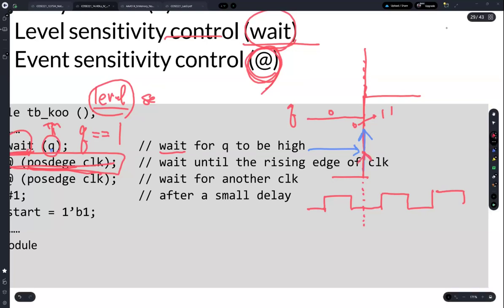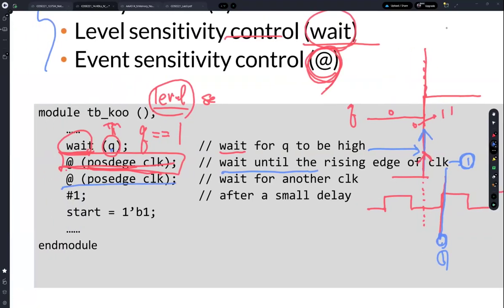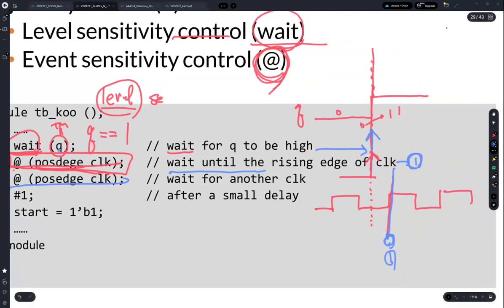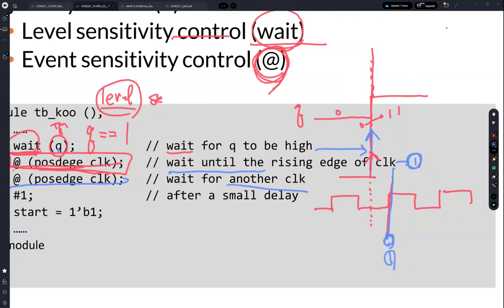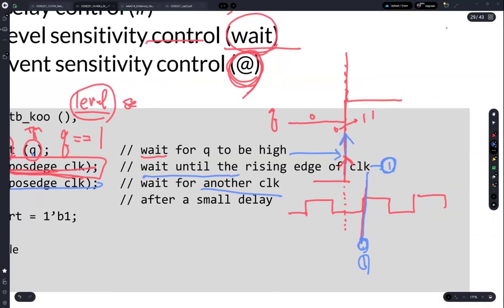The positive edge of clock is this time, right? This is 1, this is 1. Also, you can find another at positive edge of clock, which means we wait for another rising edge of clock. If this is the 2, then this means this time.